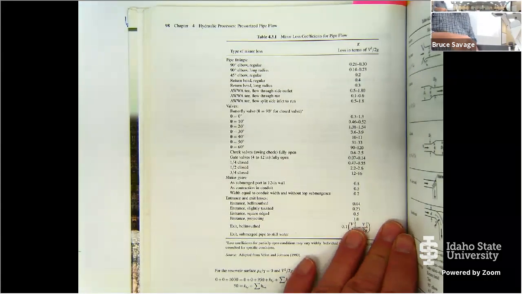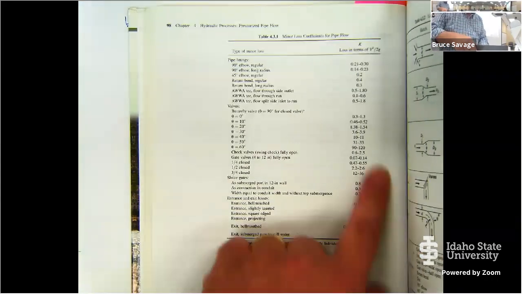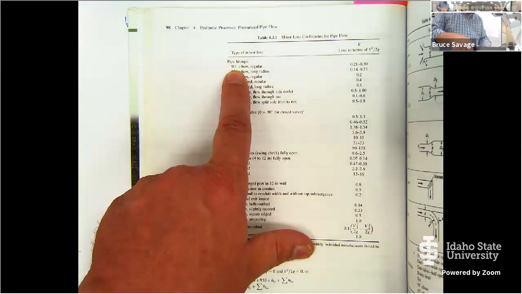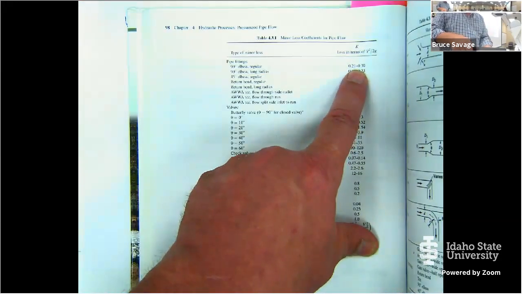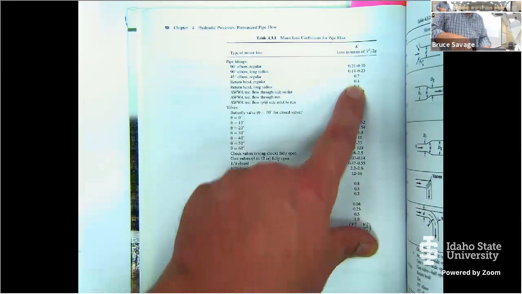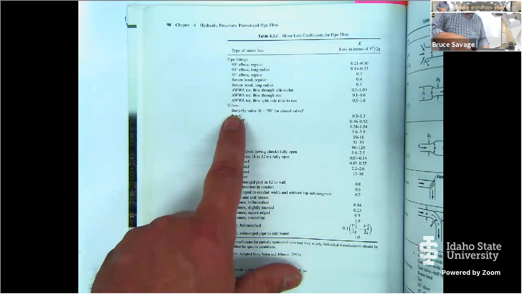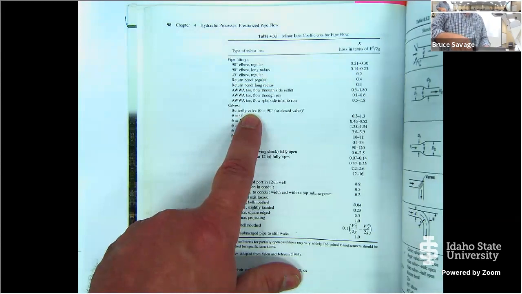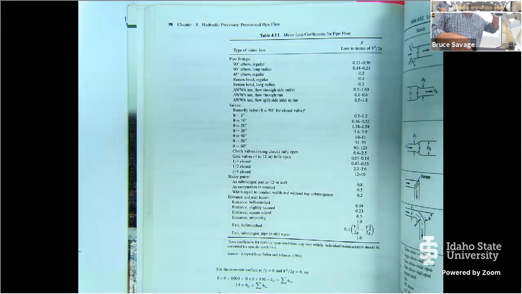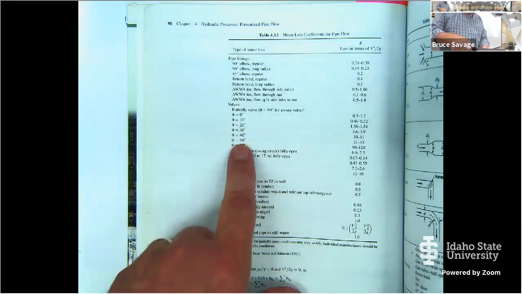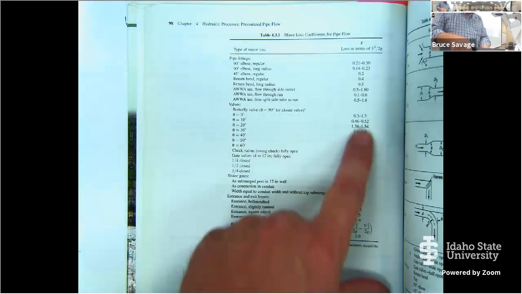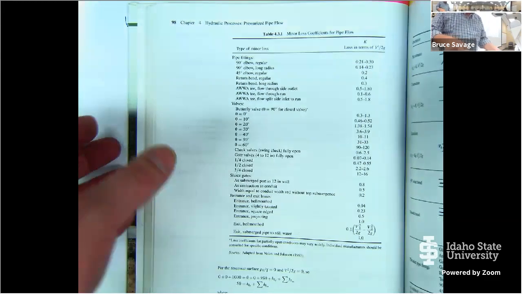We just look in here, like table 4.3.1, pipe fitting, 90-degree elbow, regular, somewhere in this range here, K is equal to 0.21 or 0.3. And we go all the way down here, we have valves, butterfly valves. I think we talked about these briefly: valves to open and close, a plate inside of the pipe that rotates. That's based on how open it is, so we've got different minor loss coefficients there.